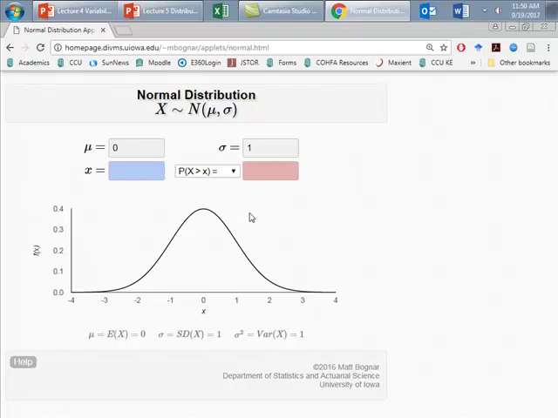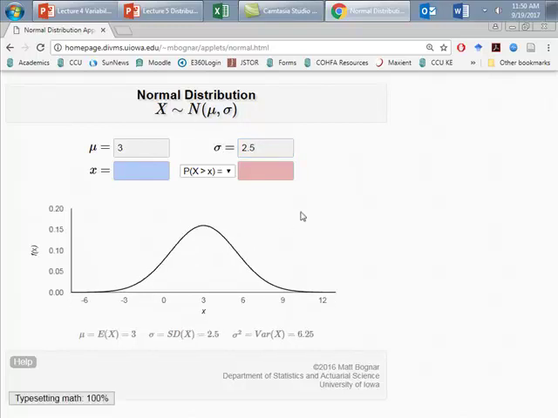There are 2 parameters, 2 statistics that tell us the shape of any normal distribution. Mu, which is our mean, and sigma, which is our standard deviation. So as we change mu and sigma, the shape of our distribution changes.